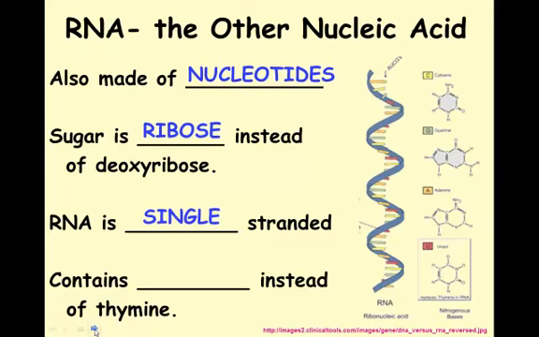And RNA is also different because we're going to change one of the nitrogen bases that we use. Instead of thymine, when we make RNA, we're going to use uracil. Remember, we have the A's and the G's and the C's still, but no thymine in RNA. We're going to use the U.